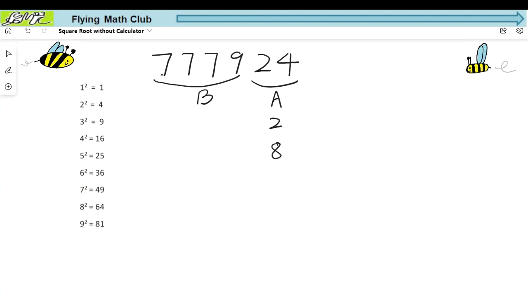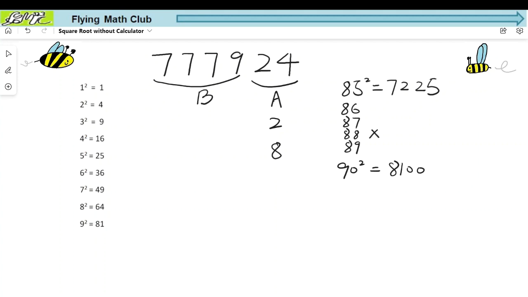For part B, we still need to get its range. As we know, 85 squared equals 7225. 90 squared equals 8100. So there are 4 possible: 86, 87, 88, 89. We pick the middle one, 88, as reference.